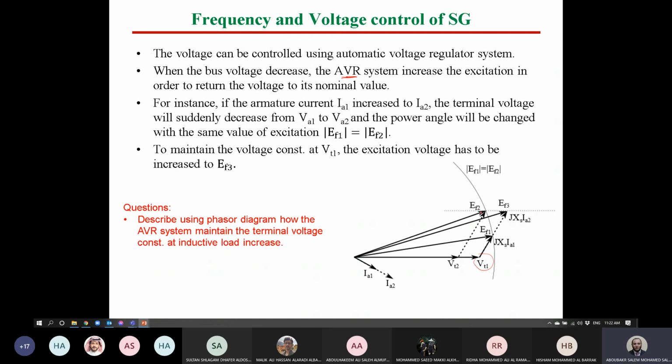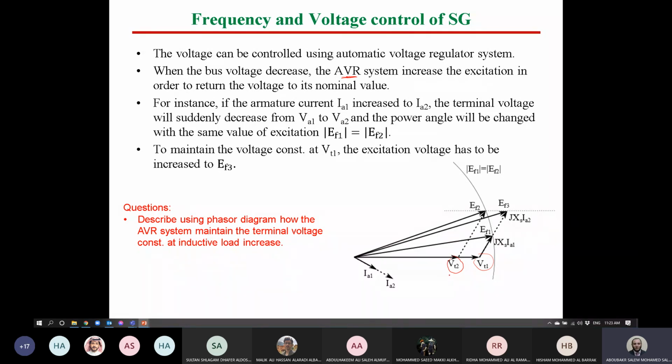How can we get this voltage? Simply, we now have IA2, so we have a higher IA XS. So assume this is the corresponding increase in vector IA XS. So now this is the new voltage value VT2. This is before the action of the automatic voltage regulator.